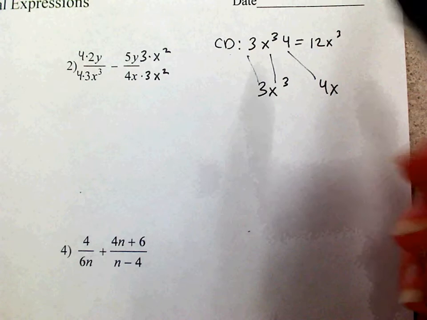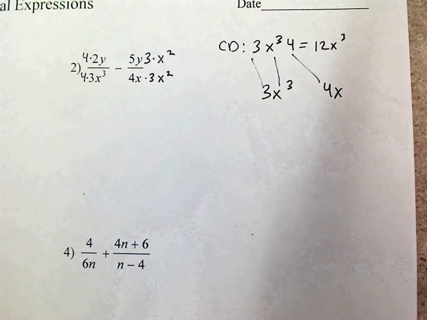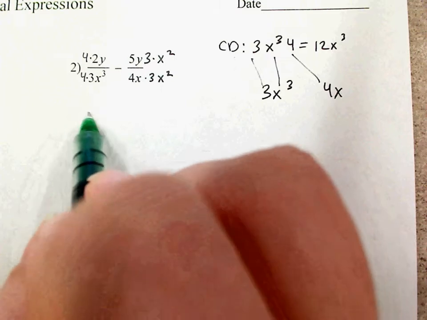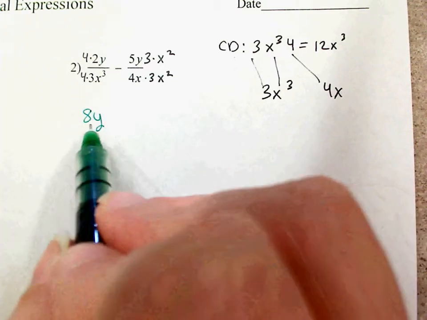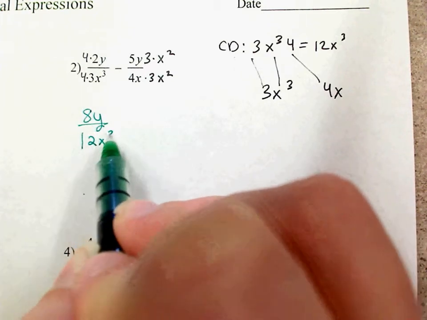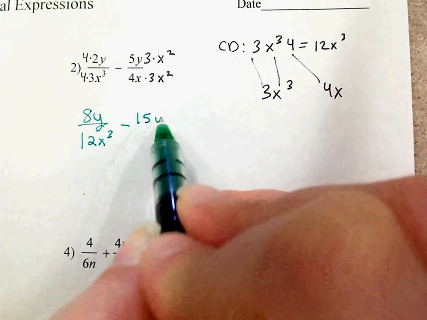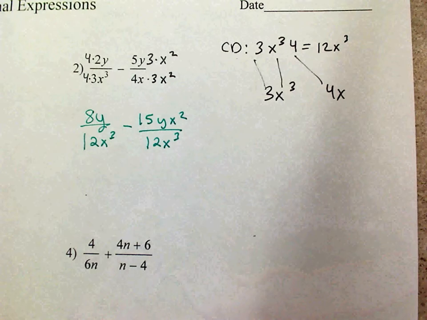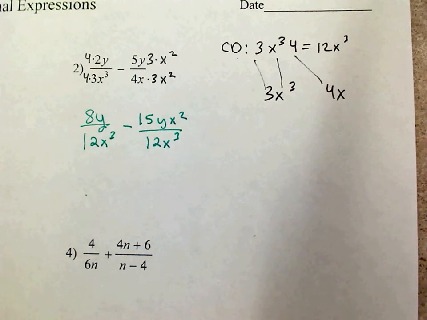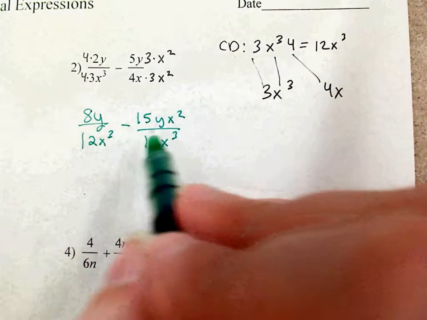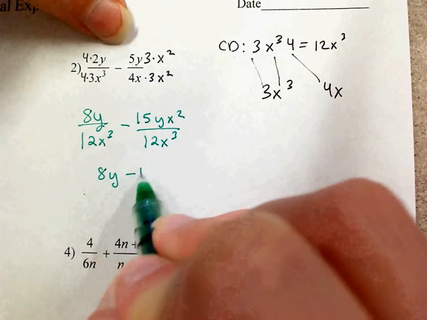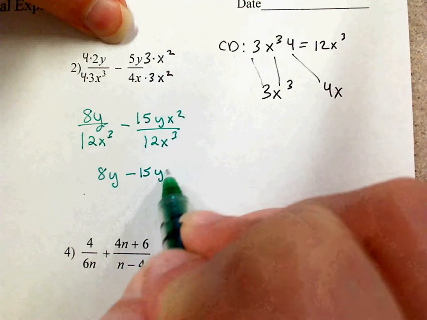All right, so what's this right here? 8y. Now, guys, a lot of people do this, but do you have to do this step? Why do you not have to do it? Right, they already have a common denominator of 12x cubed, so I might as well just say 8y minus 15yx squared over the common denominator 12x cubed.